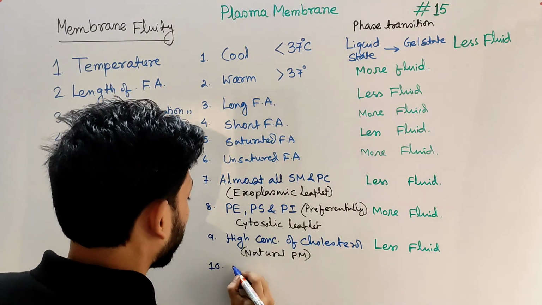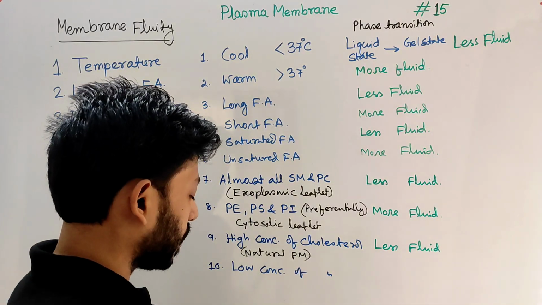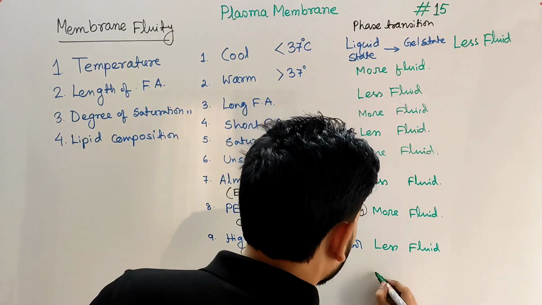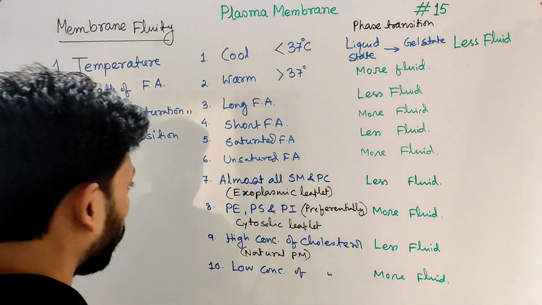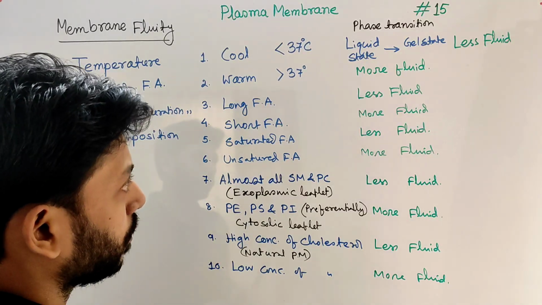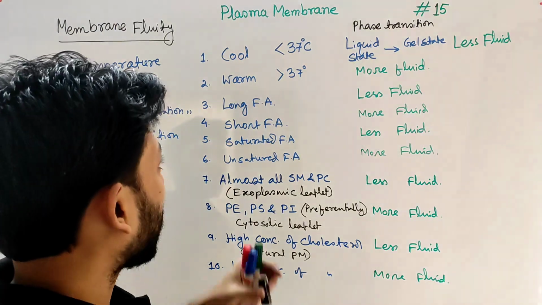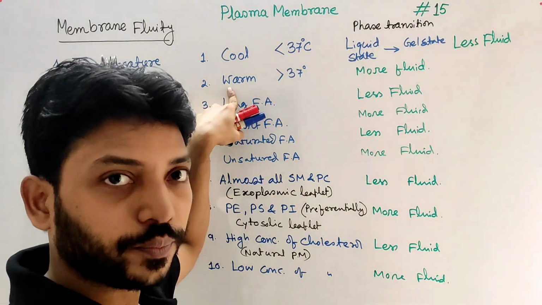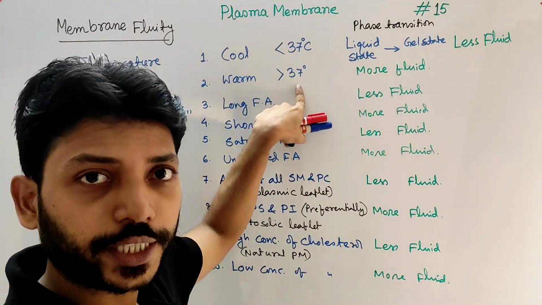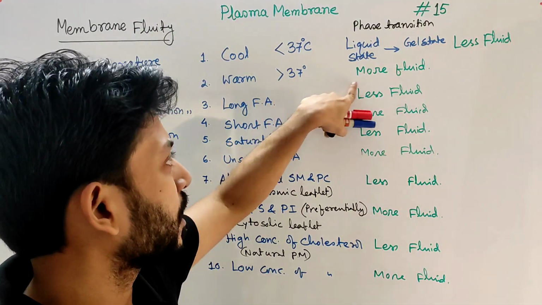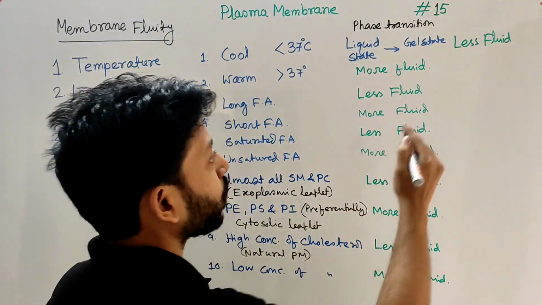Another point we can remember, a low concentration of cholesterol, what will happen? Then it becomes more fluid in nature, because the opposite will happen. One point we can also remember for cholesterol is that cholesterol acts as a buffer. As I have mentioned, if you warm the plasma membrane above the phase transition temperature, like greater than 37 degrees centigrade, the membrane becomes more fluid. Now if cholesterol is present in the membrane, then what will happen?